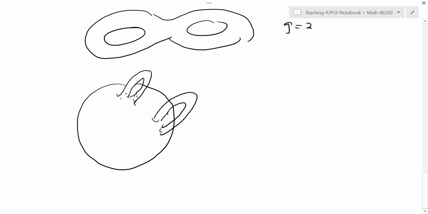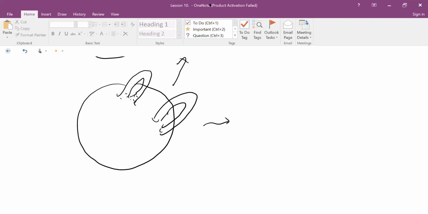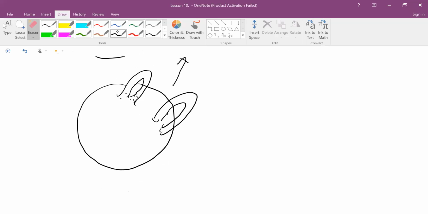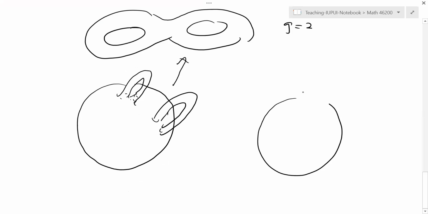Okay, how many holes are there? There are two holes. So actually you can deform the ball into the two-handled surface. Why? You can shrink the ball step by step, right? Imagine this is a steel ball, and then these are two ends like that.